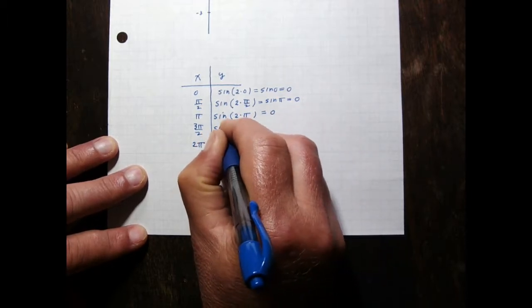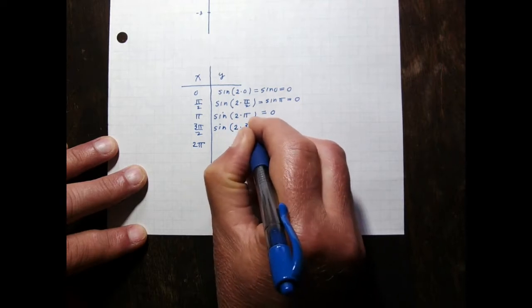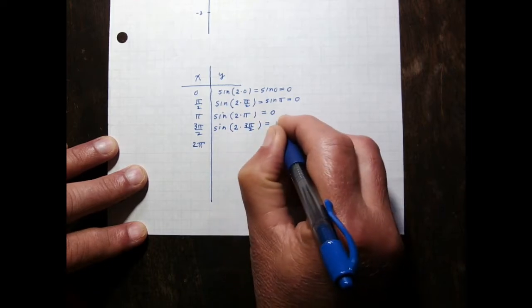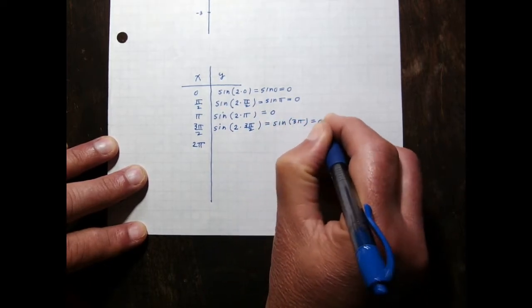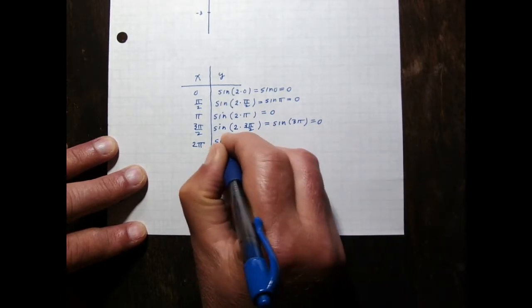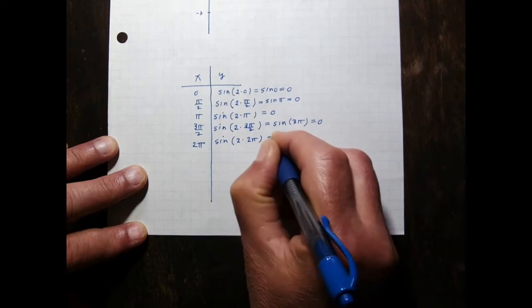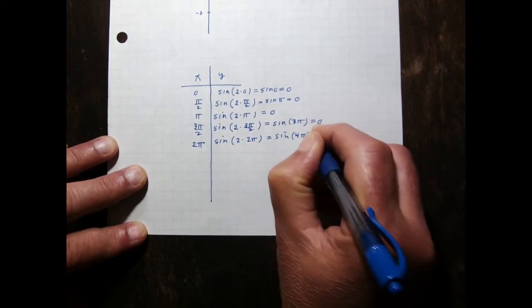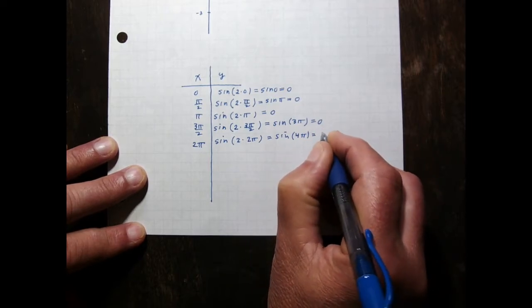This is not good. Sine of 2 times 3 pi over 2, the 2's will cancel again, so I get sine of 3 pi, which is also 0. Now when I get to 2 pi, sine of 2 times 2 pi is sine of 4 pi, which is like 2 times around the unit circle, which is back to 0.